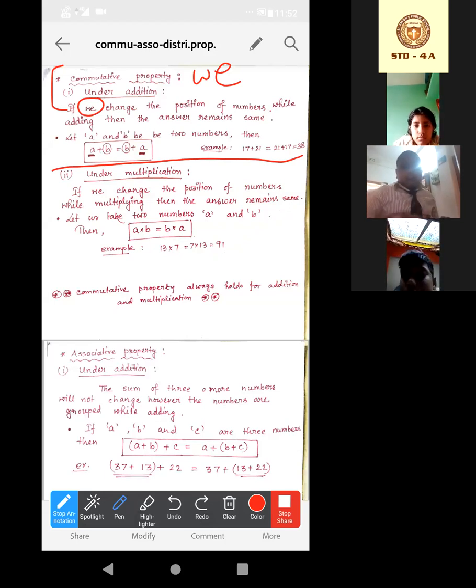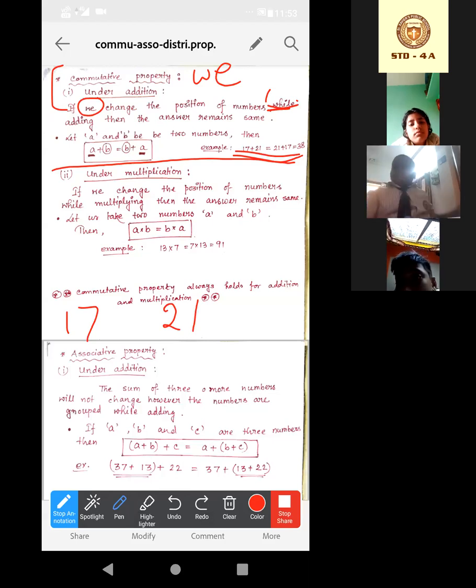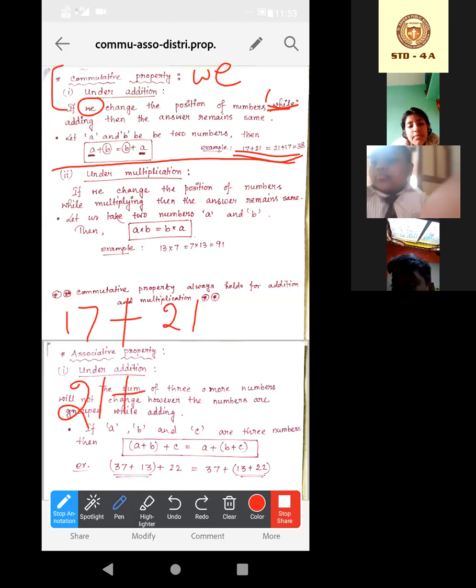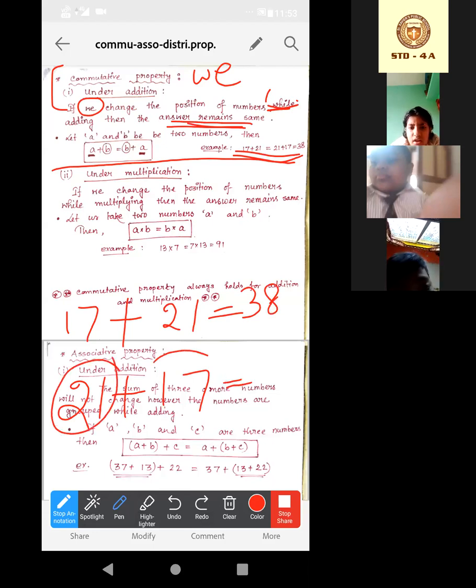while adding, right? That means if we change the position, suppose we are taking any two numbers, look at the example 17 and 21. Suppose this plus this, and we change to 21 plus 17 while adding, then the answer remains the same. 17 plus 21 is equal to 38, and 21 plus 17, if we change the position, then also it is 38.